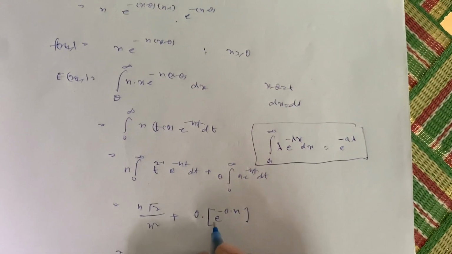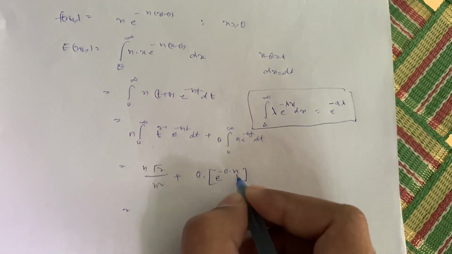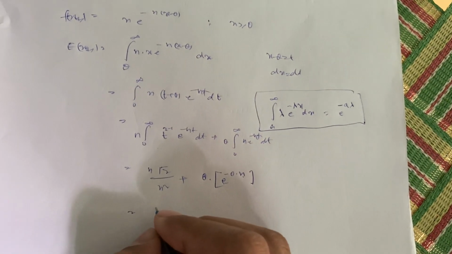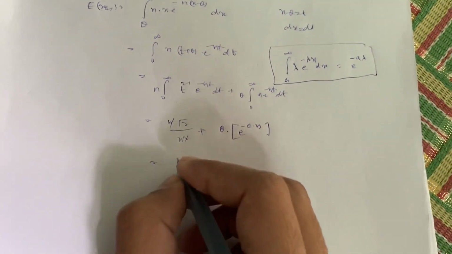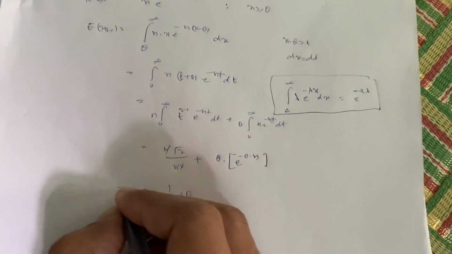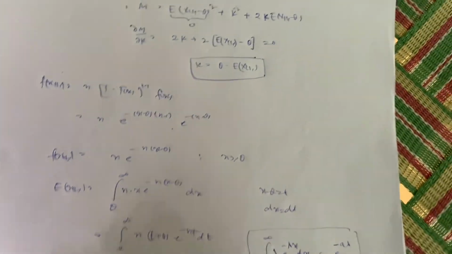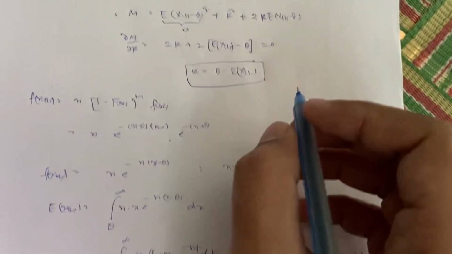So we have this: 0 into n will be 0, and e to the power 0 will be 1. The n cancels out. Gamma 2 is 1, so it is 1 by n plus theta. So the expectation of X(1) is 1 by n plus theta. Now put the value of the expectation of X(1) here.